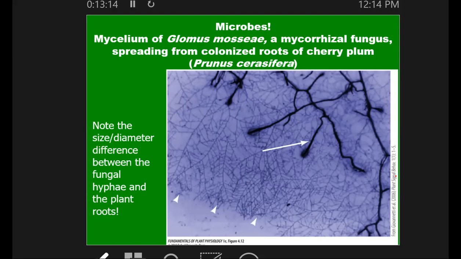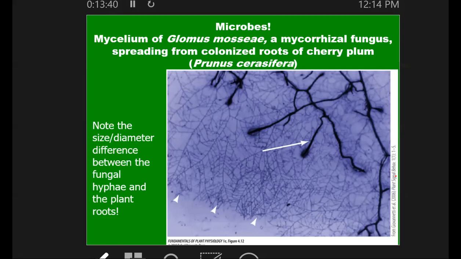And so that allows the plant to get access to water and minerals in the little tiny cracks and crevices of the soil that the plant roots just physically cannot get to because they're too big. So the fungal hyphae are a definite advantage to the plant in that they're very petite and can get into little tiny cracks and crevices of the soil.